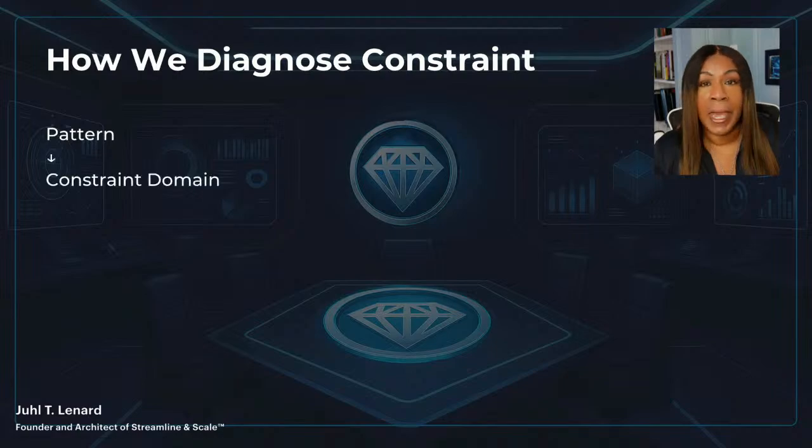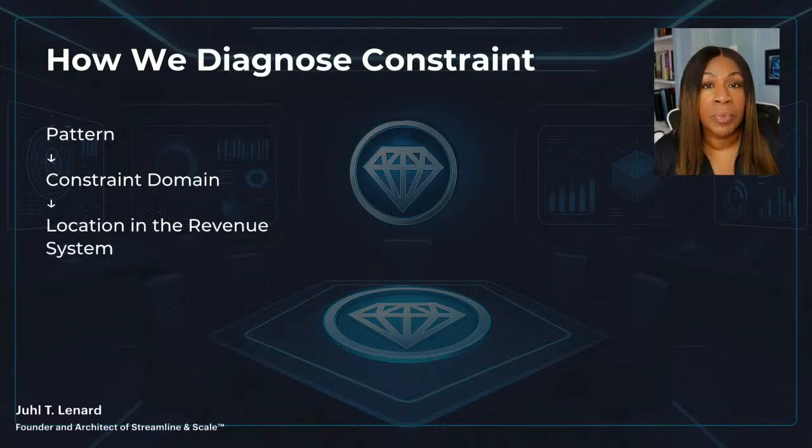We take that pattern, and depending on what that pattern is, we can identify which of the four domains is primary for that particular pattern. Once we identify the constraint domain, we can locate that constraint within the revenue system.